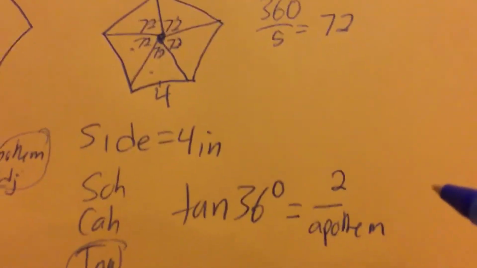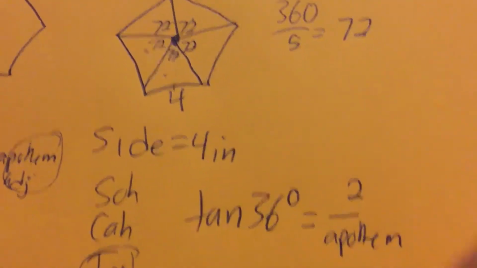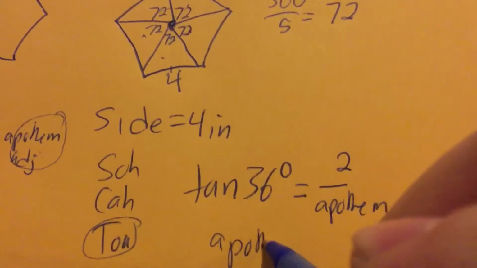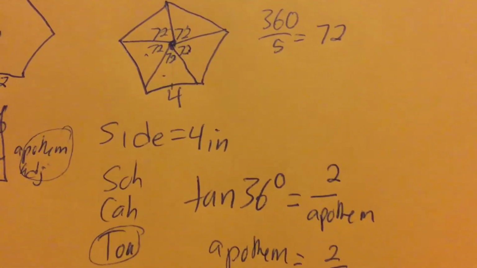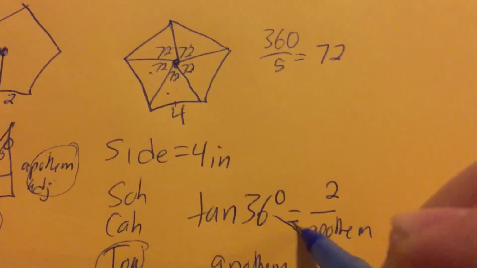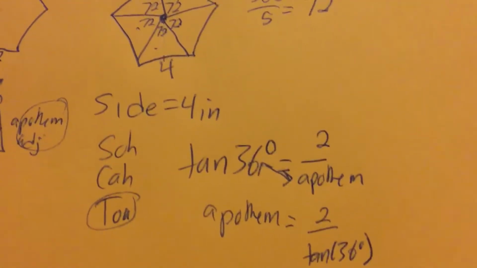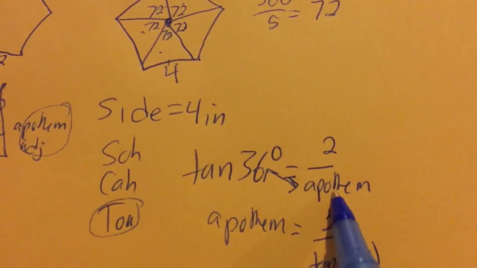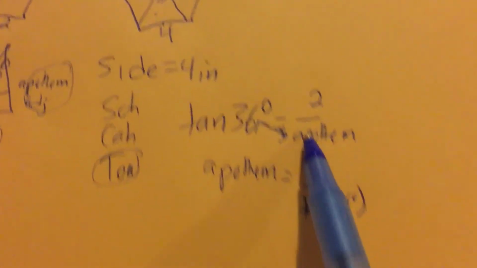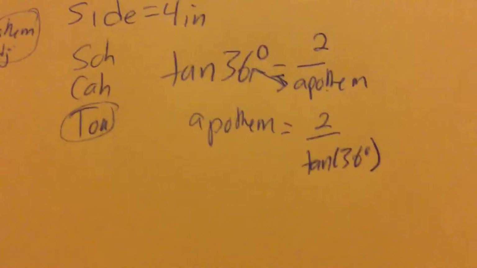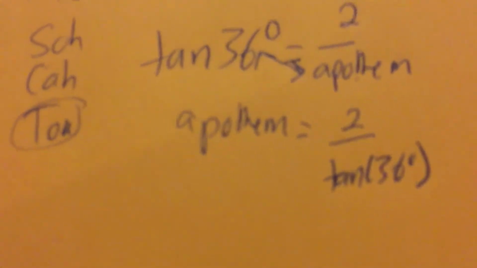Now this is where we had trouble in the class in the past. We're going to say that the apothem is 2 over the tangent of 36 degrees. These two get to switch places. That's one of our special rules. Tangent and apothem get to switch places when your variable's on the bottom. Now, I have to use my calculator, and I'm going to make sure that I'm in degree mode.